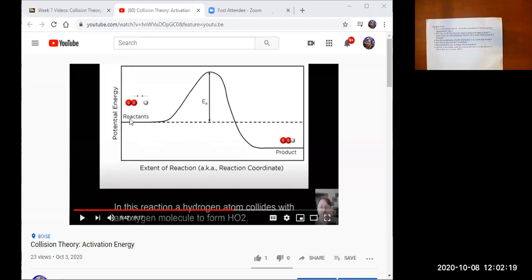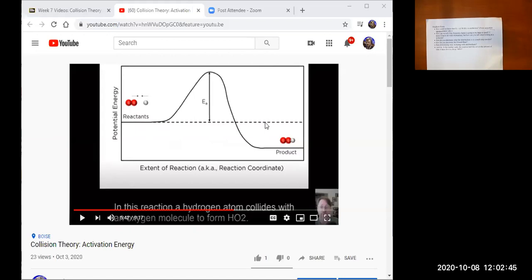The question was, how do we look at this reaction and know that it's exothermic? Does anyone have a suggestion about that? Yes? There's a release of energy. The products are at a lower energy state than the reactants, so therefore that extra energy had to be released.